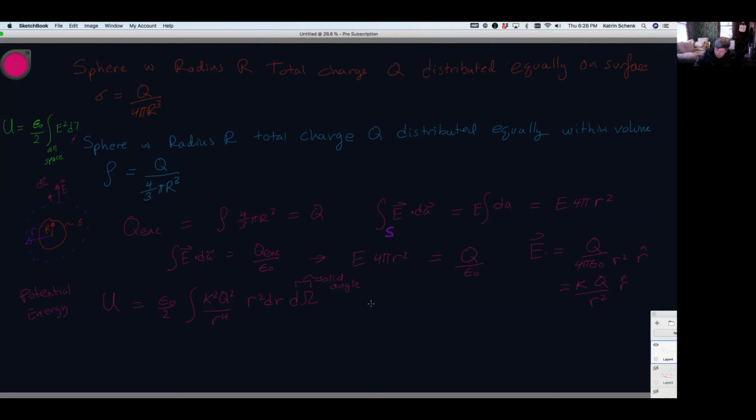Okay, and then over here, we're going to pull some stuff out. So we have k squared q squared epsilon naught over 2, and then the integral from big R to infinity of 1 over r squared dr, because we cancel some of this, times the integral over the sphere of d omega, and we know that this is just 4 pi.